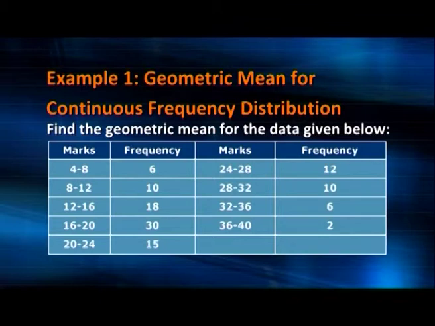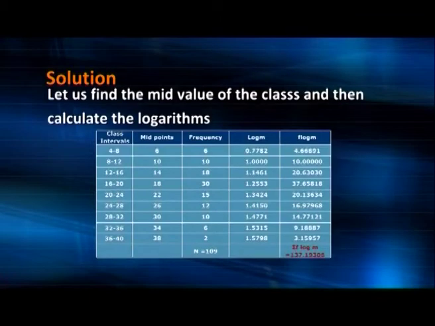The table contains marks in the series with class intervals of 4 to 8, 8 to 12, 12 to 16, 16 to 20, and so on, and the respective frequencies are given as 6, 10, 18, 30, 15, and so on.